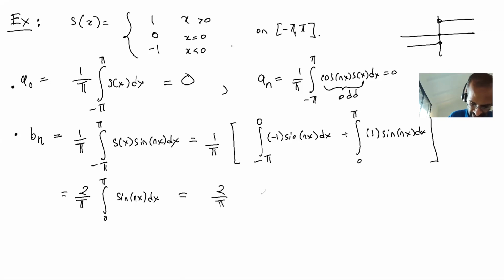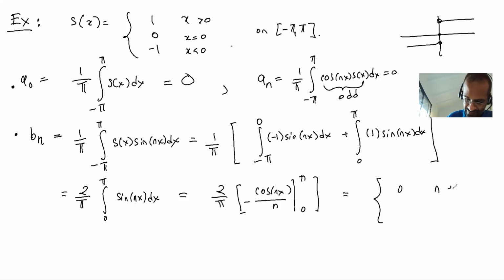It's just 2 over pi times negative cosine nx over n evaluated at pi and 0, which is, you can check, 0 if n is even, because cosine of an even number times pi.